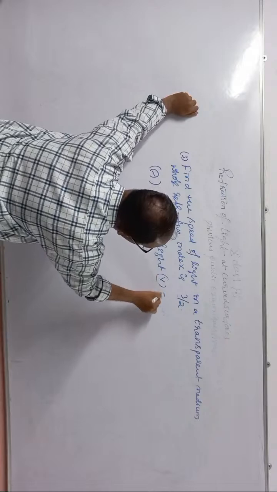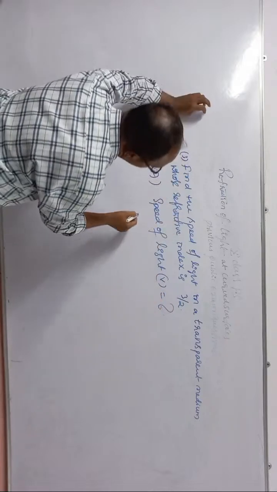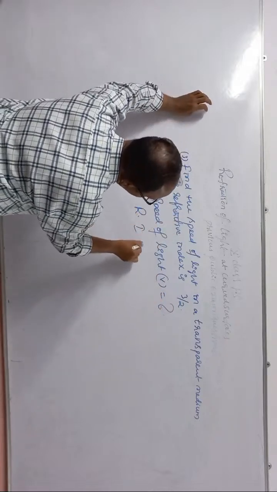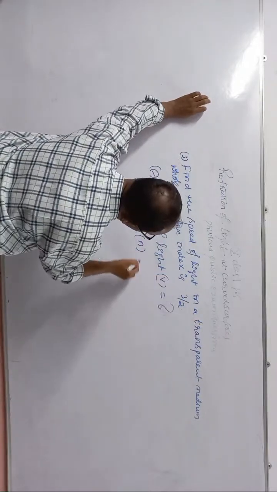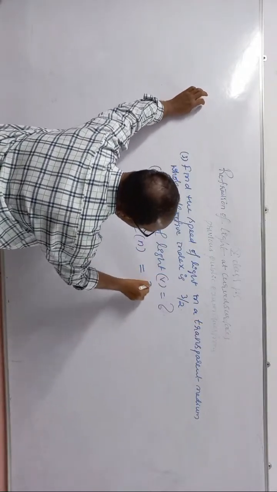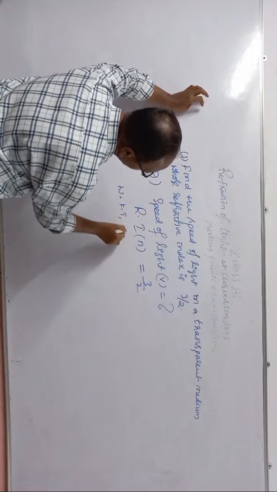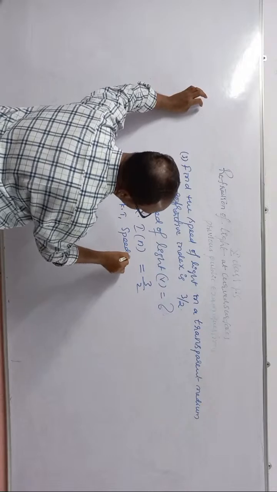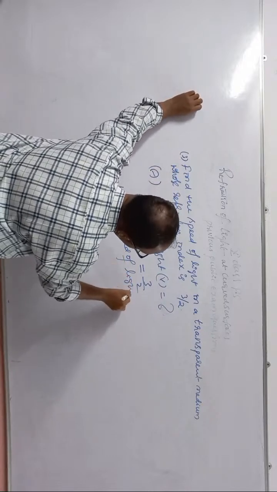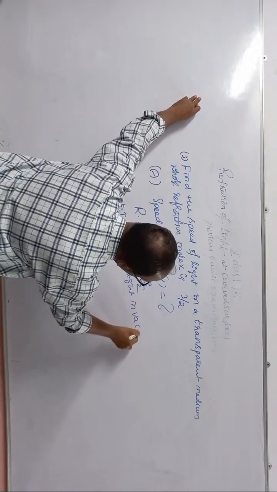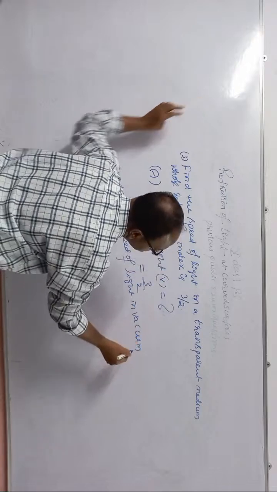in the given transparent medium, and you know the refractive index is given for the given transparent medium. Refractive index is denoted by n. It is 3/2. We know that speed of light in vacuum is denoted by c.